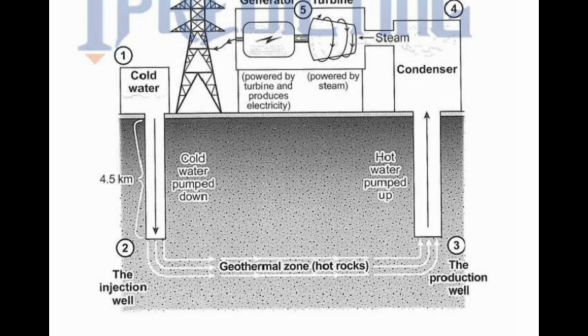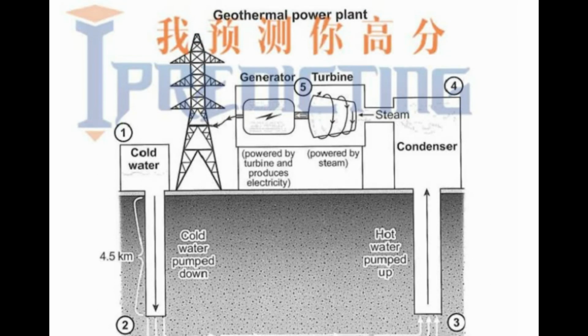A natural source to turn water into steam, a natural source to provide heat naturally, because these are hot rocks. Maybe they are lying somewhere in America. We insert water from one end and get steam from the second end. So you can see in the diagram, the steam ultimately passes through a turbine and produces electricity. Isn't it interesting? Yes, it is.